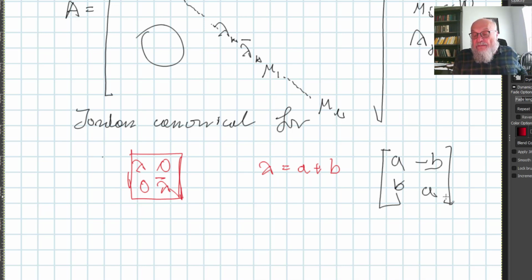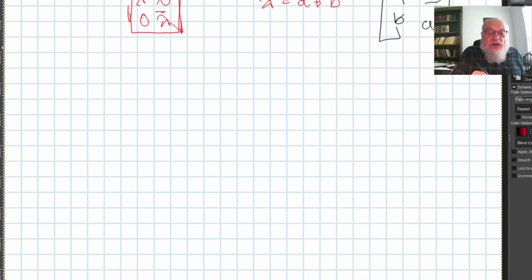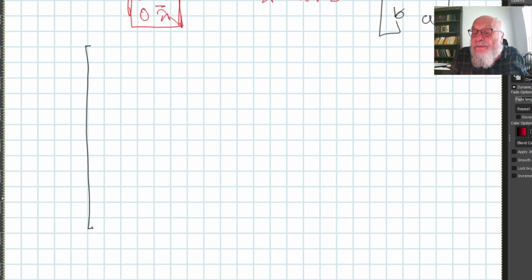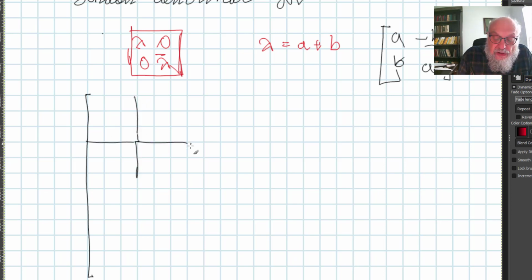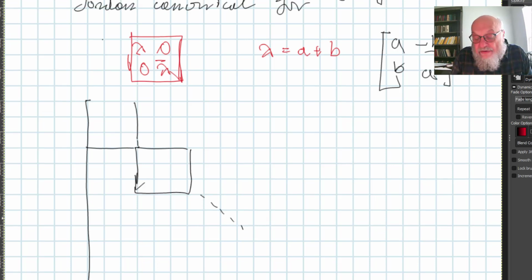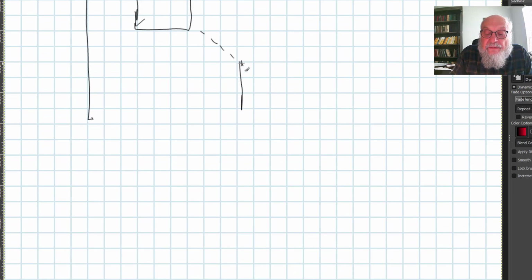So in other words, the Jordan canonical matrix for real matrices can be written like this. So we have here these blocks corresponding to the complex eigenvalues, and then the last complex eigenvalues, and after that we have here real eigenvalues, which we don't need to do anything with. They are good.